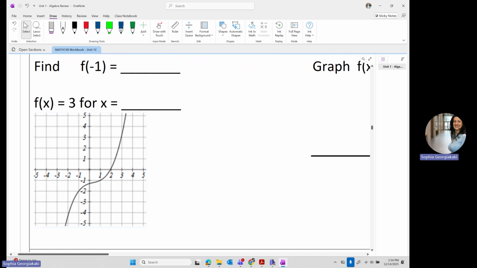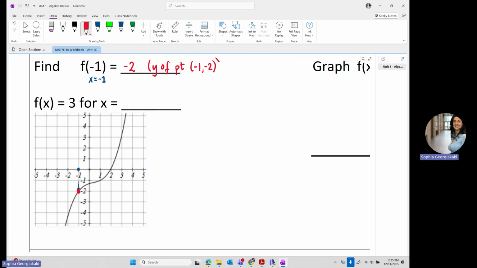Now, we can evaluate a function from the graph. F of negative 1 means when x is equal to negative 1, what is the y? So when x is negative 1 here, and I go on my graph and I look down, the point on the graph is this point, and the y for that point is equal to negative 2, which is the y of the point negative 1, negative 2.